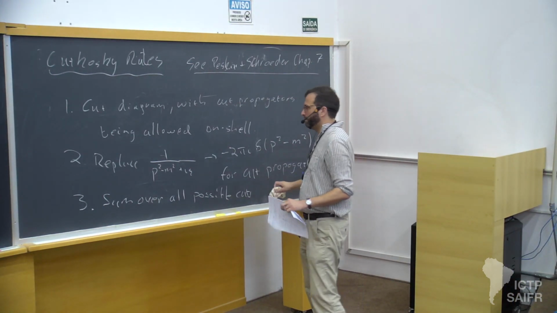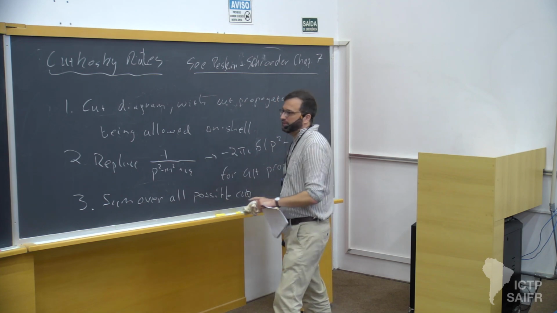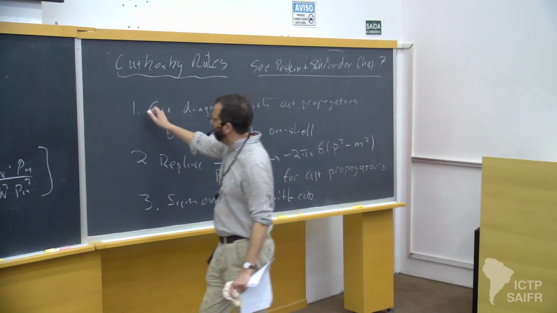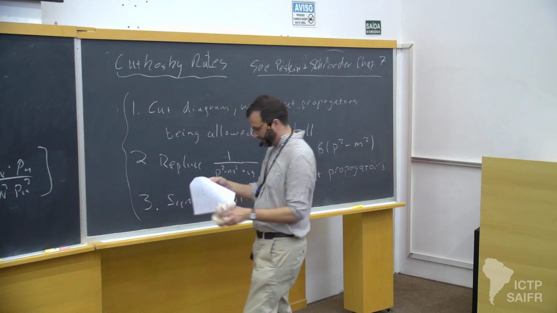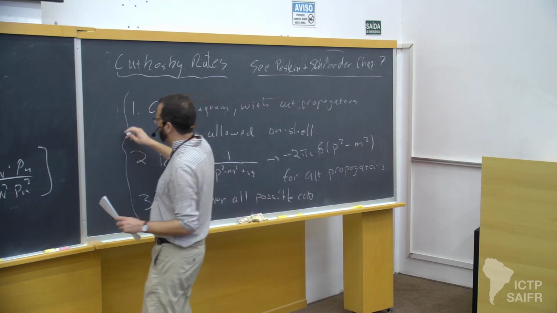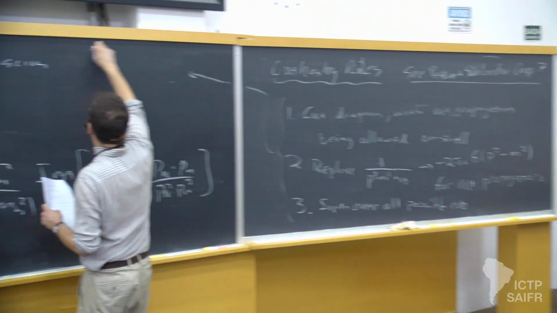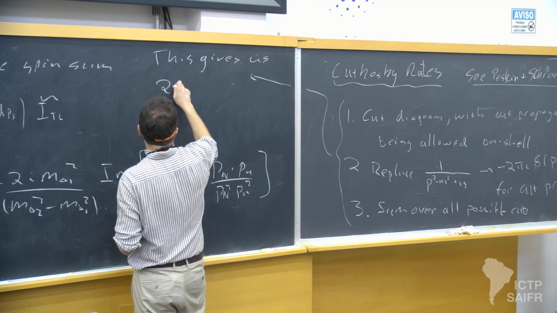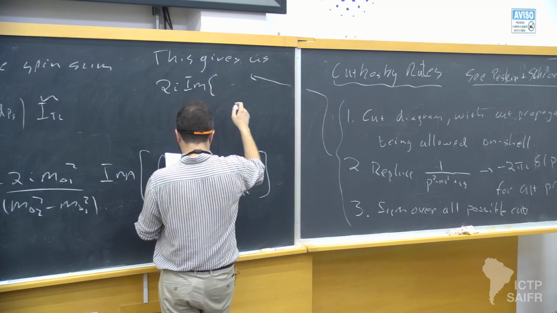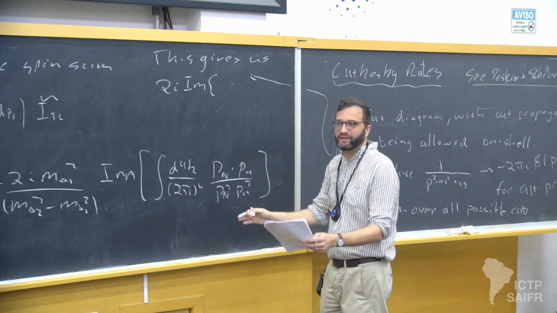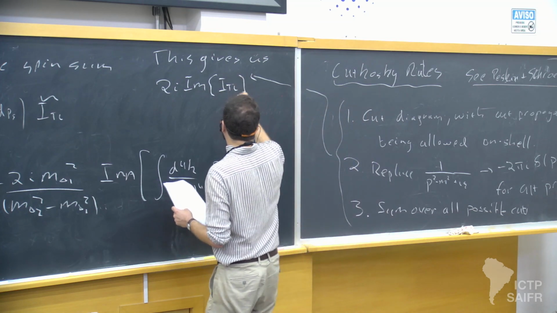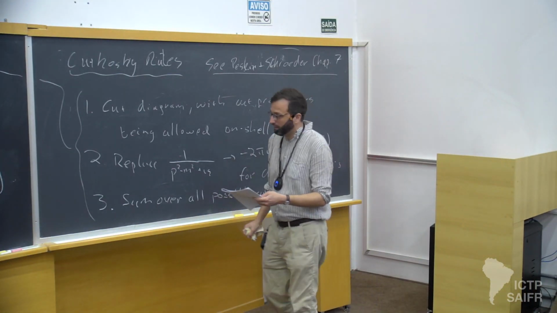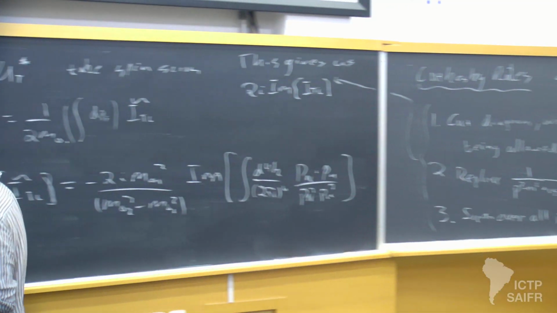And when we do this, this whole thing gives us 2 times i times the imaginary part of what we were interested in. So now we have this here.